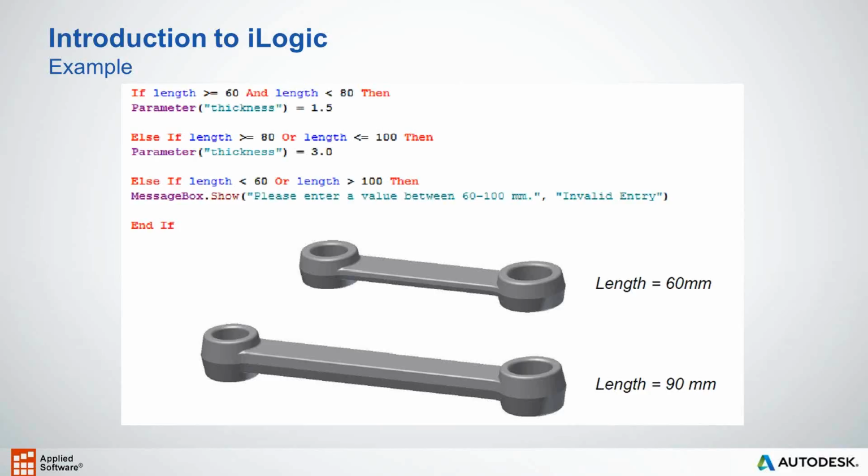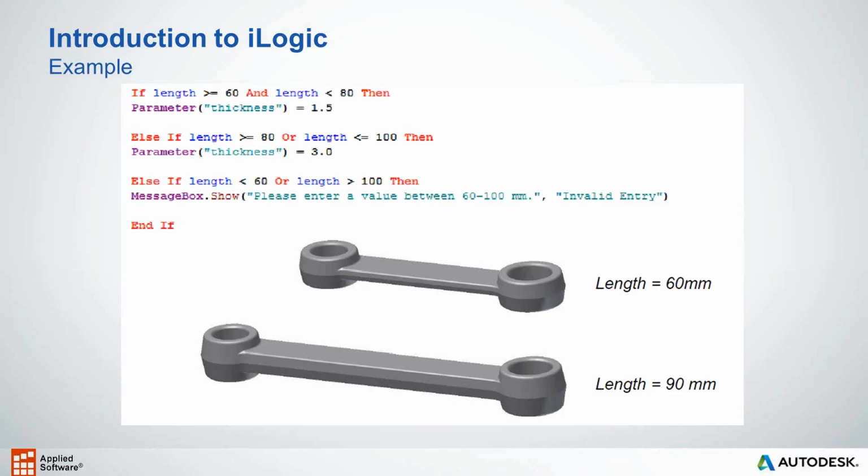And if my parameters match between this range, then my thickness is going to be 1.5. Continuing down, if my length is greater than or equal to 80, or my length is less than or greater than 100, then my thickness is going to be 3.0.